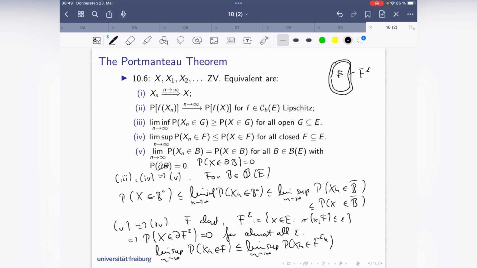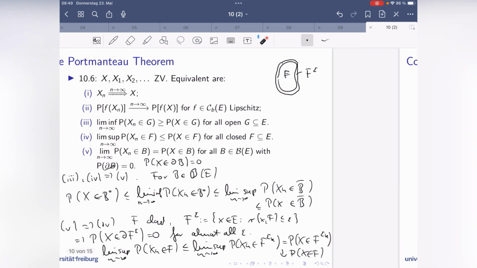Which means since 5 holds, this here is pi x in f epsilon k. And since f is closed, this here drops to pi x in f. And now I'm done, I hope, yes, because I wanted to show 4. And here I have the correct equal or less sign, and I'm done. Very nice.